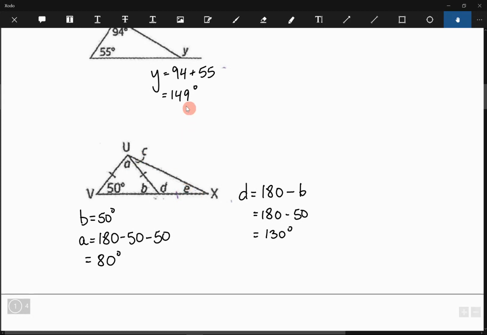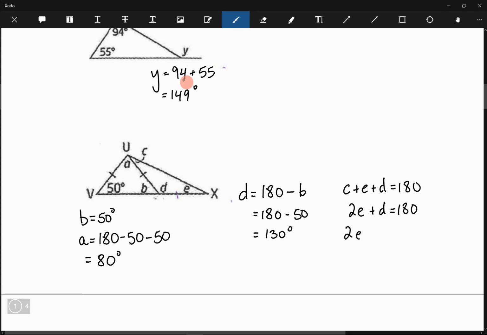So if I find E, remember C, D, and E have to add up to 180 degrees. So I would have to say here, let's write this: C plus E plus D equals 180 degrees. But we know C and E are the same. So I could just say 2 times E plus D is equal to 180. And we already know D is 130 degrees.